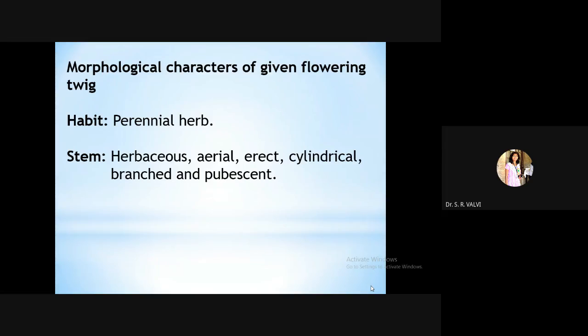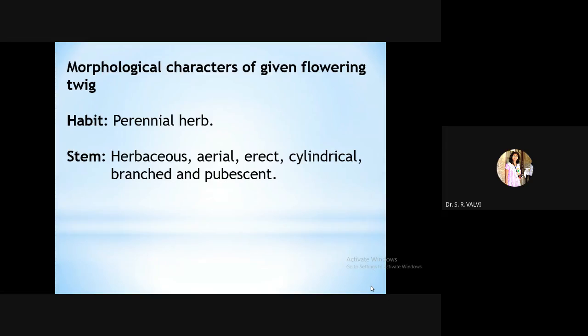If it were a dicot plant, or an angiospermic plant, here the term would be solid, or the term would be not herbaceous. In case of this Datura plant, as it is a herb, the first term is herbaceous.